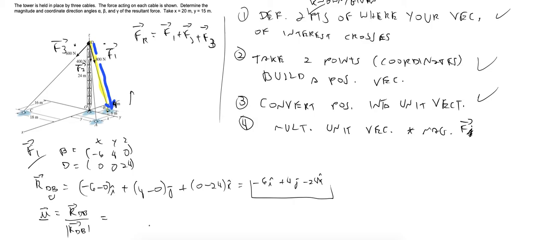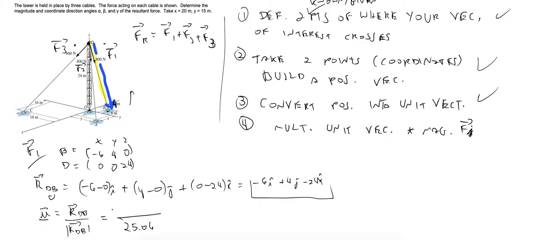Now all we have to do is calculate that magnitude, which, just to speed it up and not have to write too much, I'll do straight in my calculator. So 6 squared plus 4 squared plus 24 squared. This gives us 25.06.